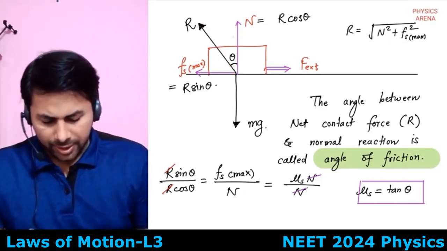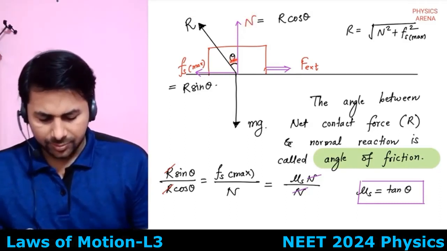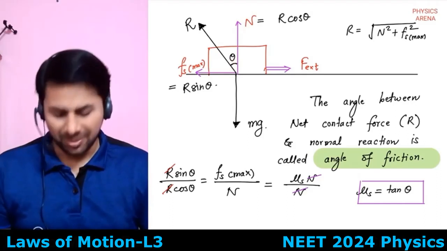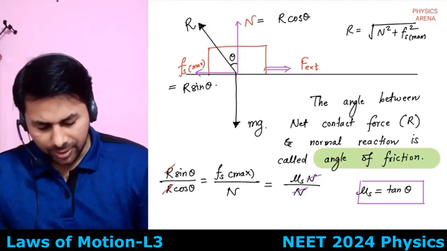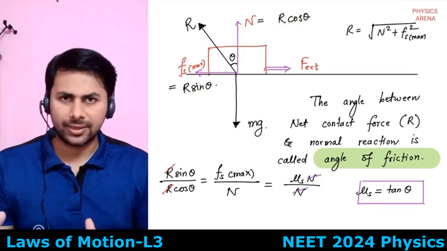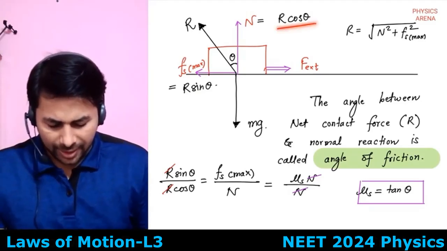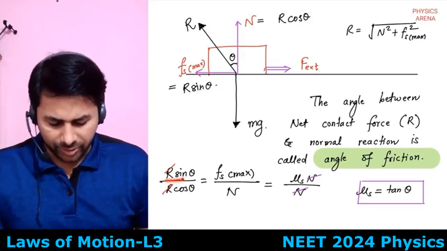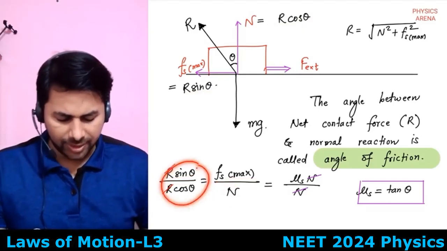And now see, this N will be equal to R cos θ. Okay, so θ is the angle between this R and the normal reaction. So N will be equal to R cos θ and Fs max will be equal to R sin θ. Okay, so then if you divide R sin θ by R cos θ, what do you get? Fs max upon N. So this is tan θ.